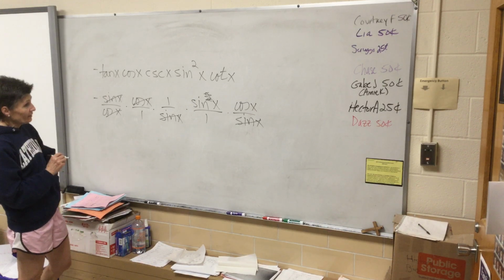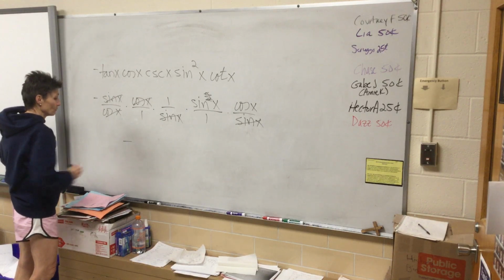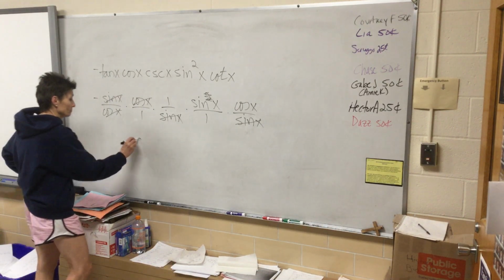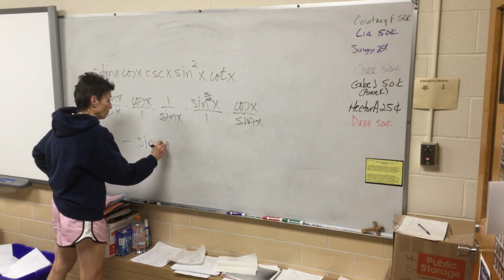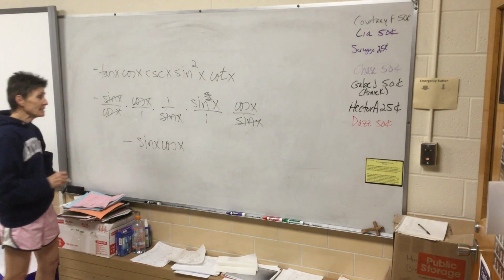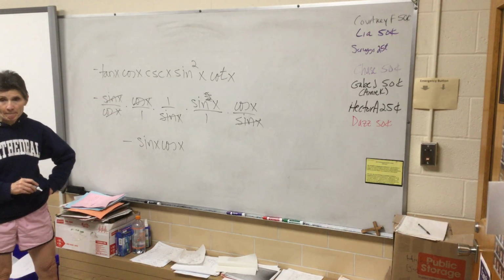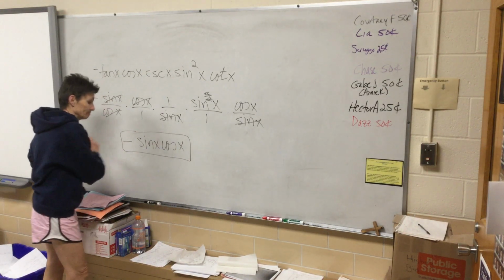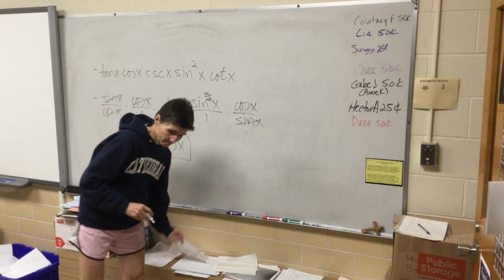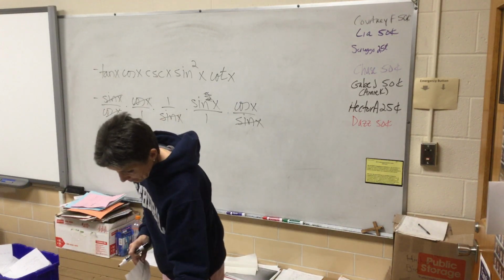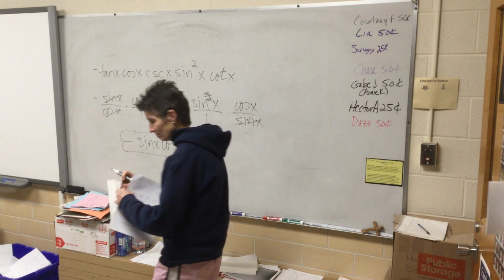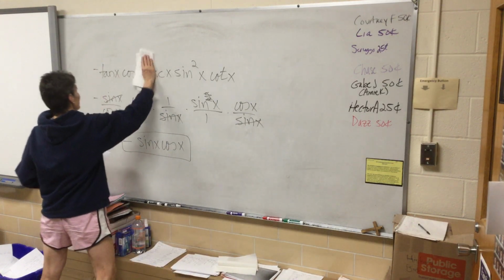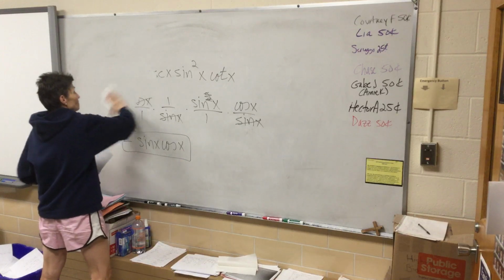So what do I have left on the top? I have a negative, don't forget that. A negative, and then a sine x and a cosine. Perfect. Do I have anything left on the bottom besides 1? No. There's your answer. That wasn't too bad. It looked bad, but didn't turn out so bad.